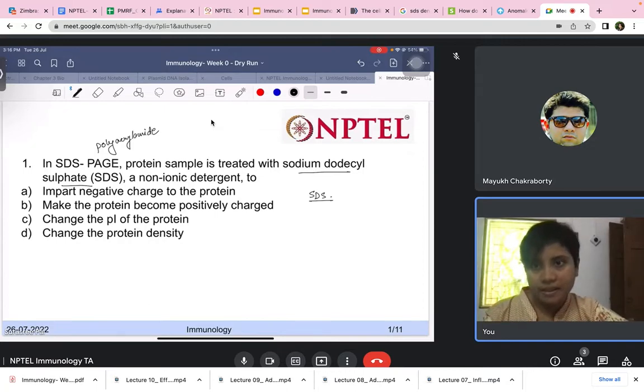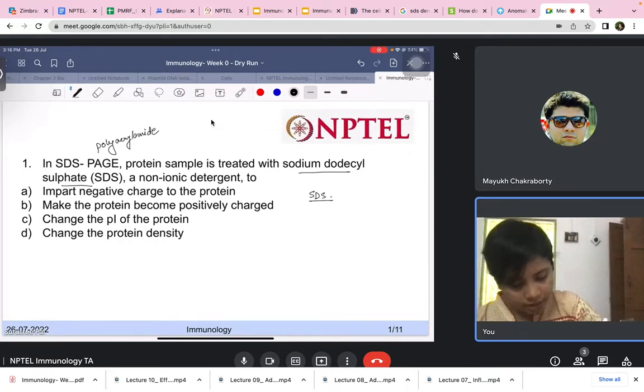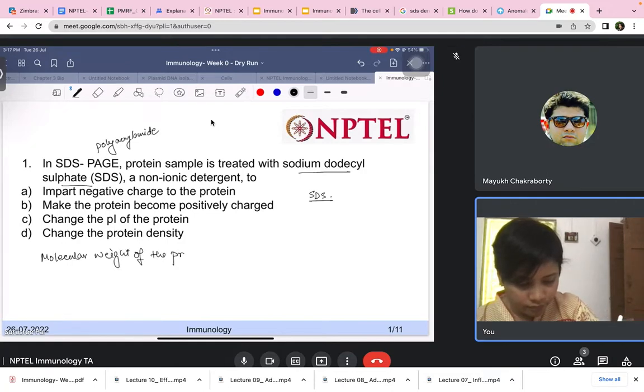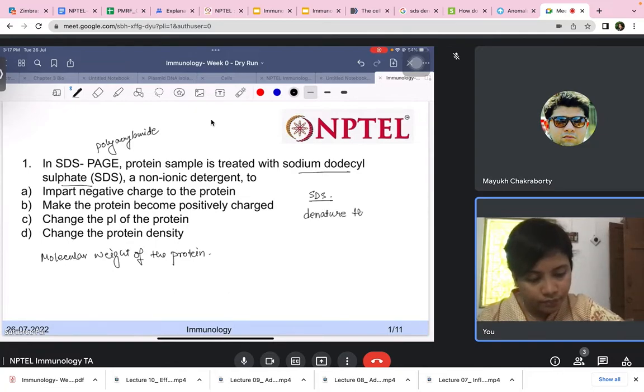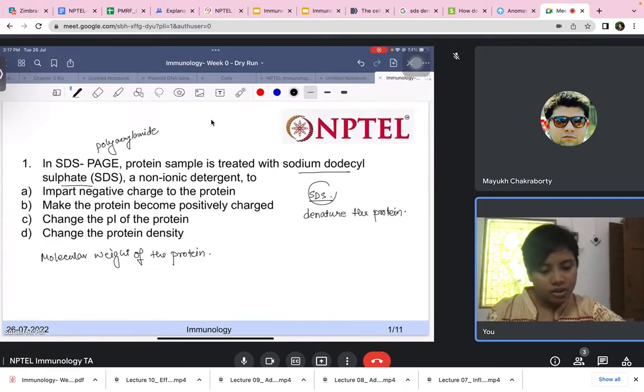The basis of separation is that the molecular weight of the protein is the determinant factor by which you can separate different proteins in the sample. And for separating proteins according to their molecular weight, we need to denature the proteins. And what SDS, sodium dodecyl sulfate, does is that it denatures the protein.